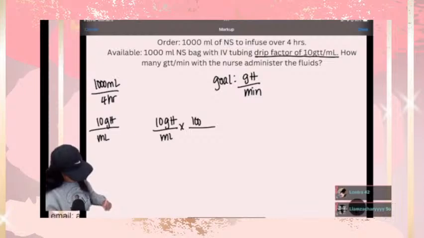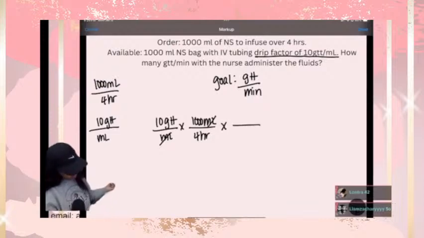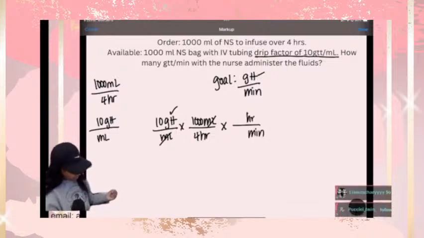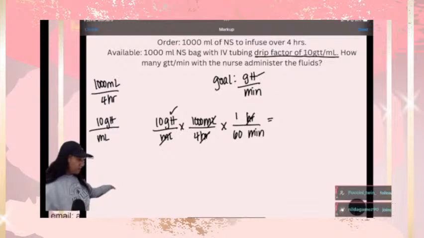So 1,000 mLs over 4 hours. Milliliters has crossed out. And now we have drops at the top, which is right there. But we have to have minutes. We got hours at the bottom, so I'm going to put my hours at the top so it'll cross out. And my minutes are going at the bottom. In 1 hour, there are 60 minutes. Hour is now gone, and now we can figure it out, okay?